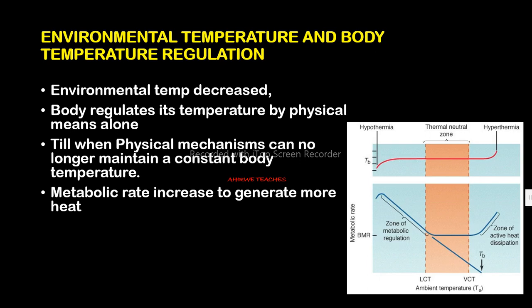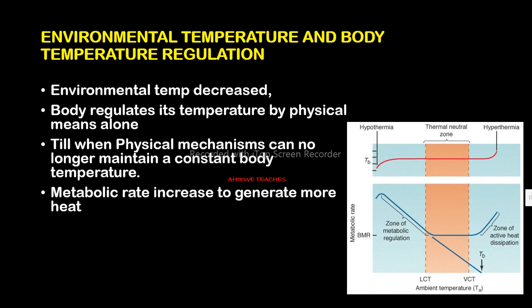Okay? And then at that point, since the body's physical mechanisms can no longer maintain, you can no longer insulate your body. The environmental temperature is really down, that you can no longer insulate, or insulation alone is not enough. You actually need to produce more heat internally.